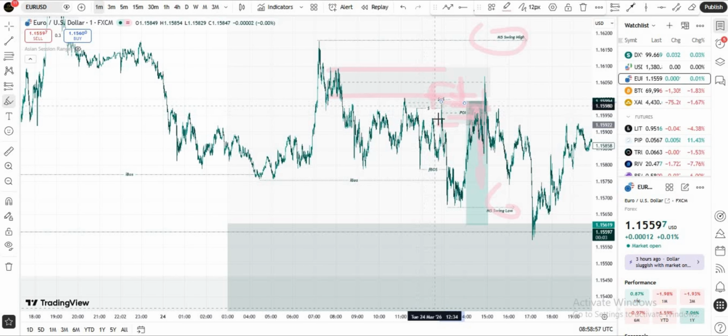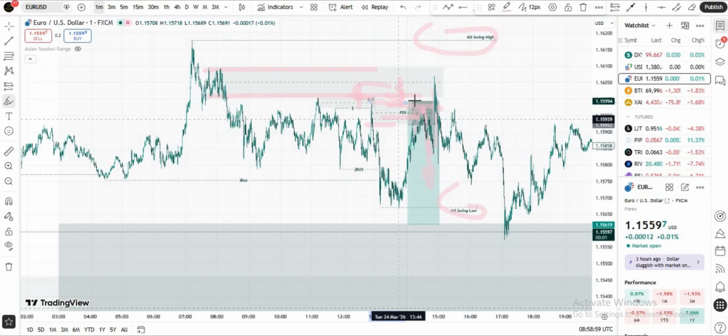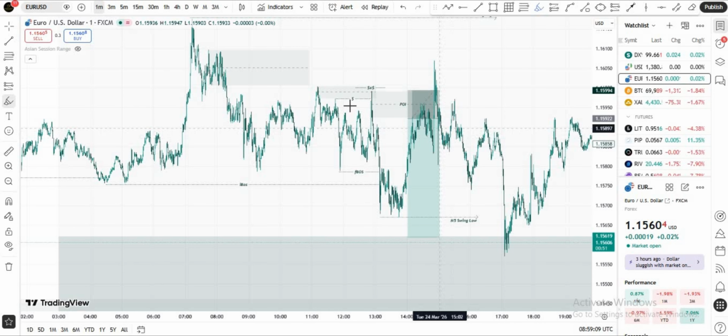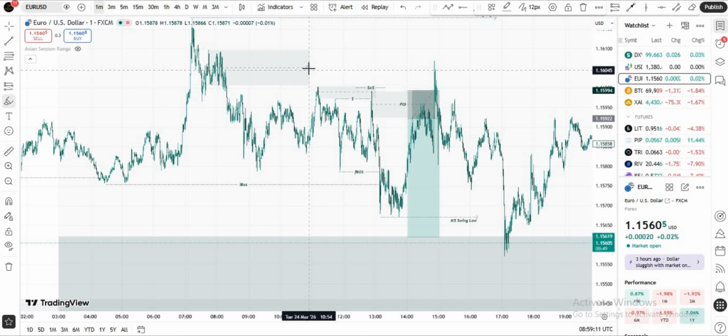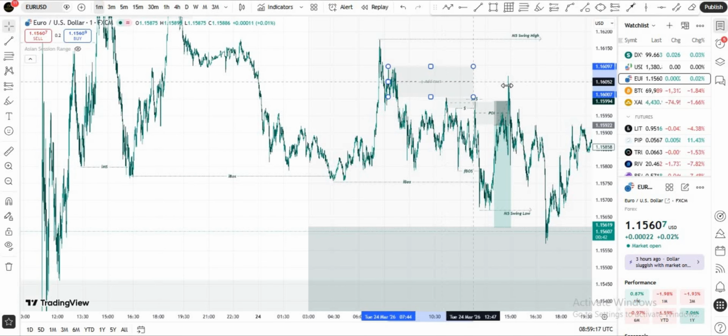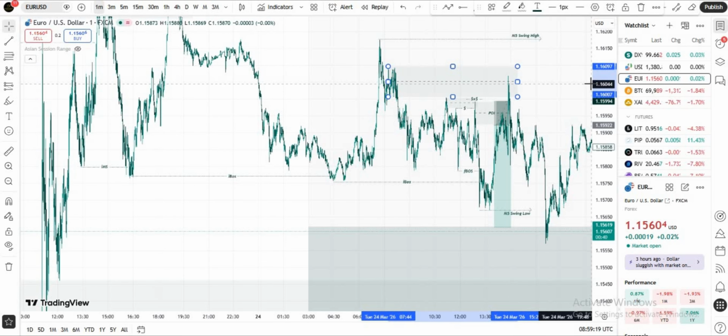So that's why price utilized this block, my POI. Price had to utilize the POI zone and move up to get enough fuel, to mitigate this other block, right?